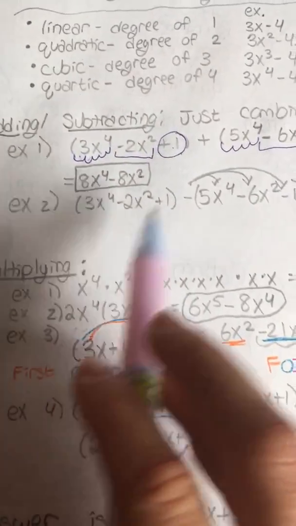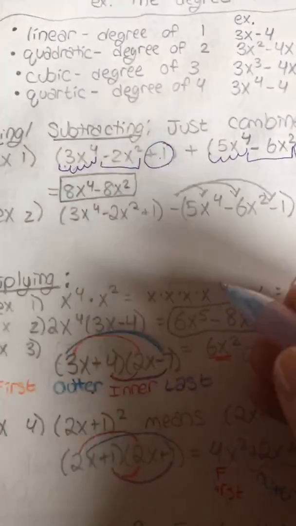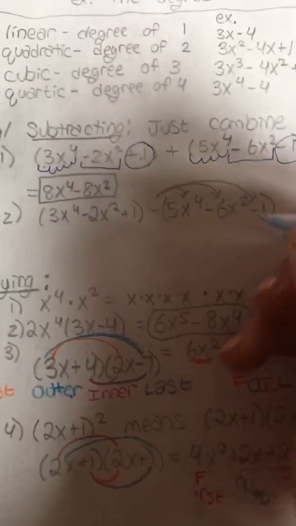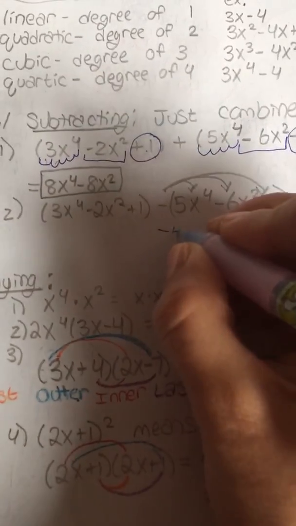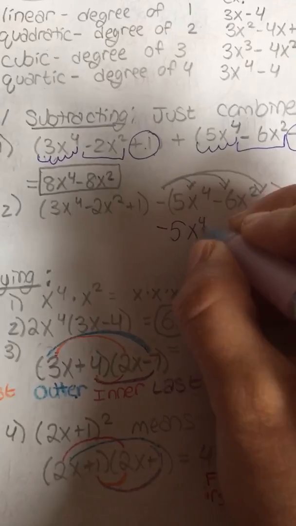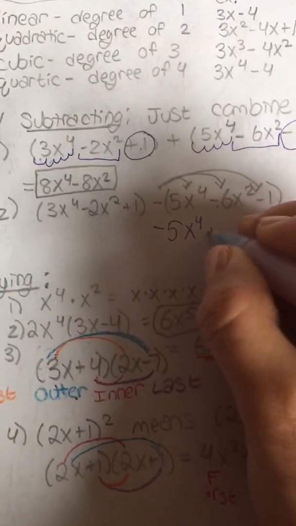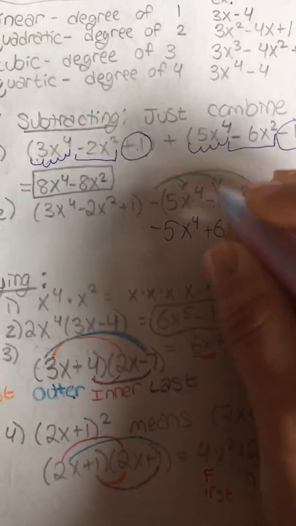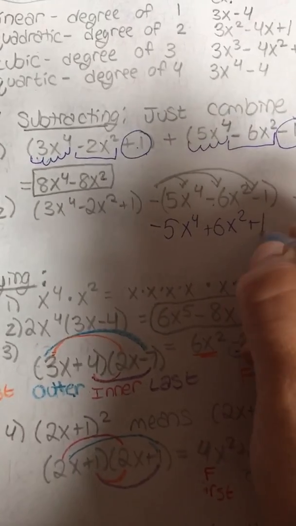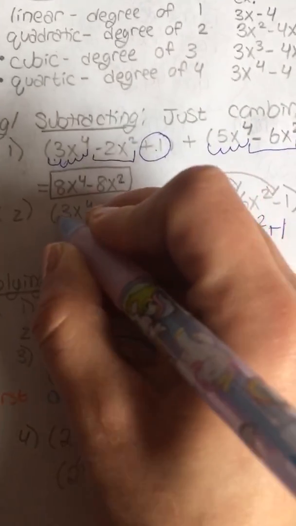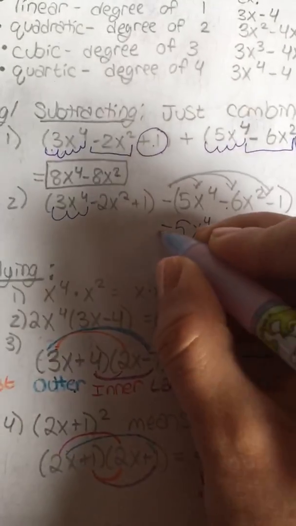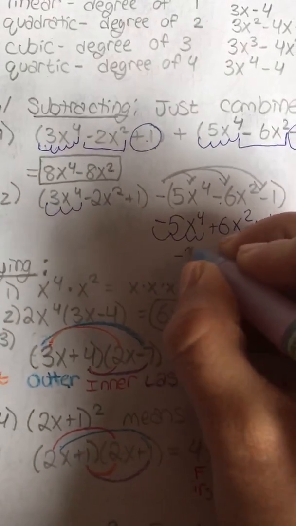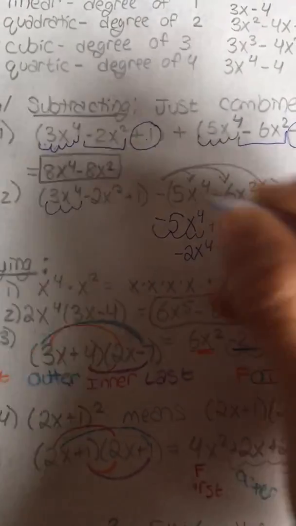For subtracting, same process, but you have to remember to distribute the negative first. So what this becomes over here is minus 5x to the 4th plus 6x squared plus 1. So then again, you're combining like terms. 3x to the 4th minus 5x to the 4th is negative 2x to the 4th.